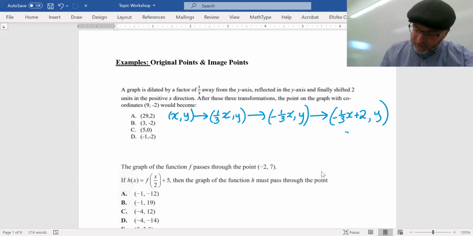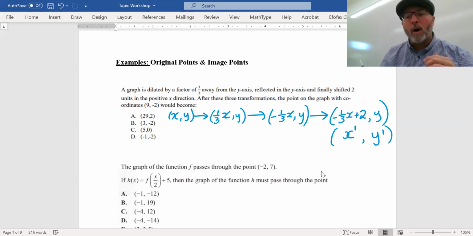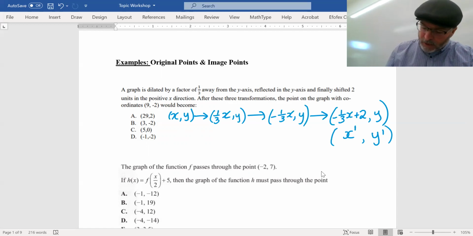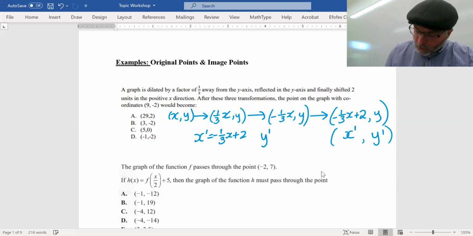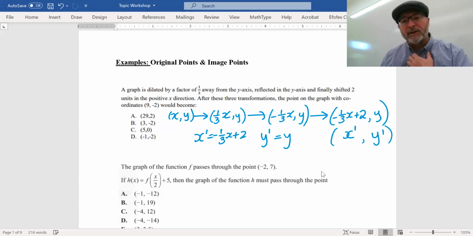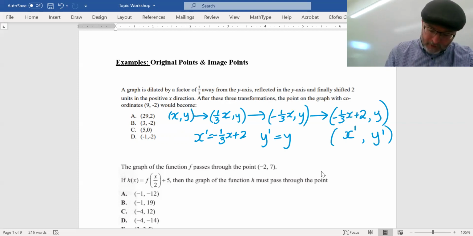So I'm just going to write down that the image point is (x', y'), right? The point above, (x', y'), is the same point, which means that x' is minus 1/3 of x plus 2, and y' is just y. Like I said, nothing happened in the vertical direction, so y' is just y. In terms of multiple choice tactics, I'd be saying, well, this one looks good, this one looks good, neither of these can be it.